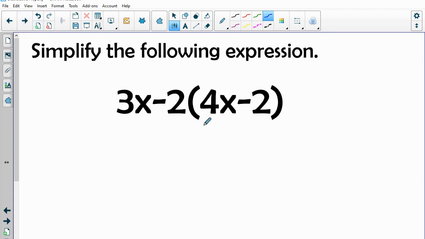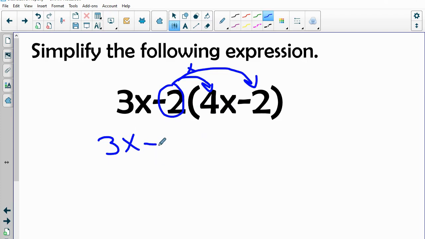All right, here's one that's going to require a little more simplifying. We have a 3x way over here, but right next to that we got the -2 times everything in parentheses. So I'm going to multiply this little thing by each thing in parentheses, and then we'll combine it with that 3x that's already there. So I'm going to write down 3x, and -2 times 4x would be -8x, and -2 times -2 would be +4.